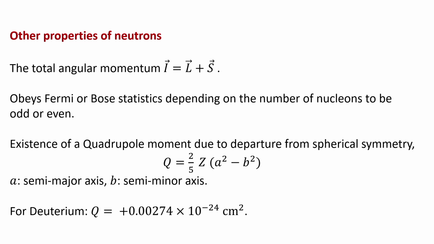Another important property of the nucleus is the presence of a quadrupole moment, and this quadrupole moment actually comes because there is a departure from spherical symmetry.